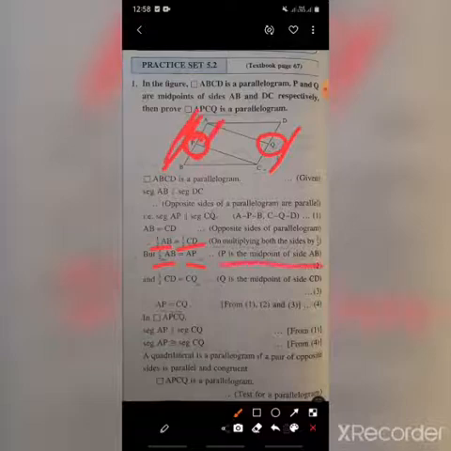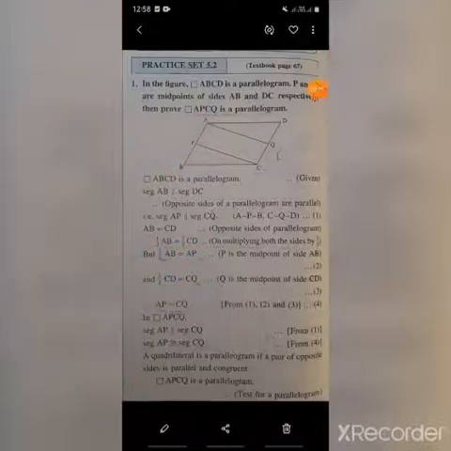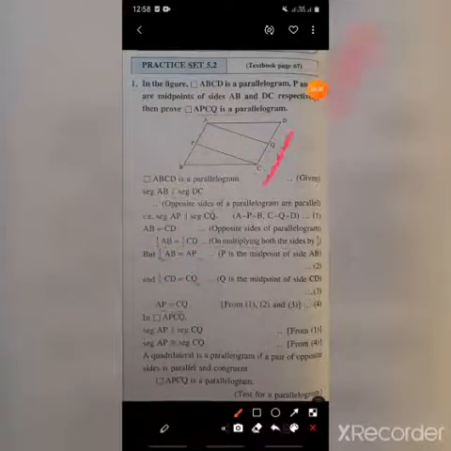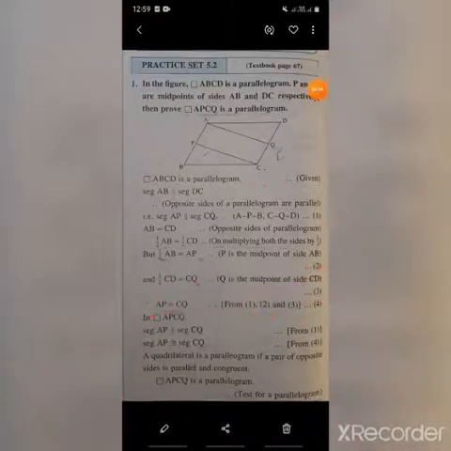Then half of CD is CQ, because Q is the midpoint of CD. Then from 1, 2 and 3, AP is equal to CQ.